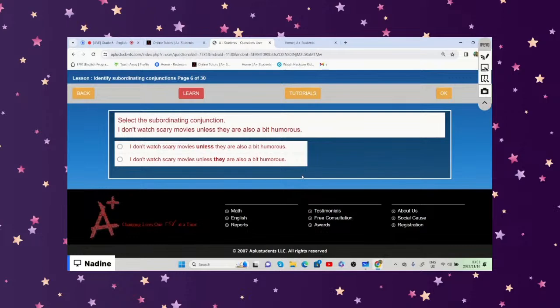So is our subordinating conjunction unless or they? Unless or they. The dependent clause is unless they are also a bit humorous.